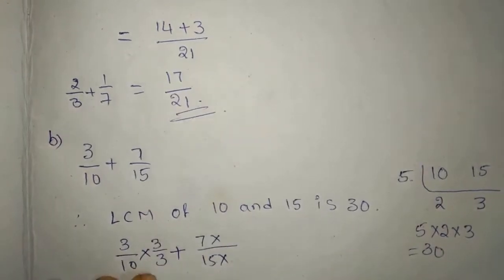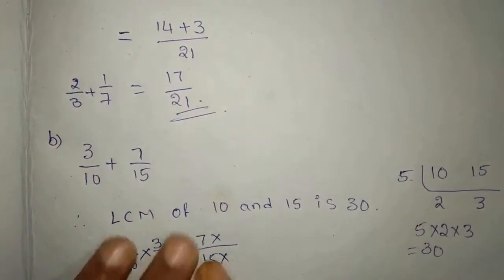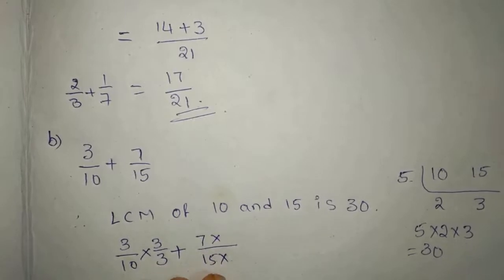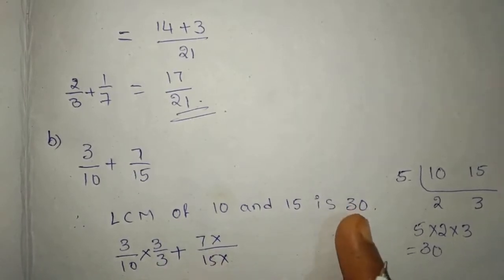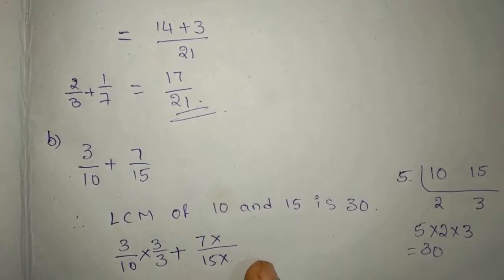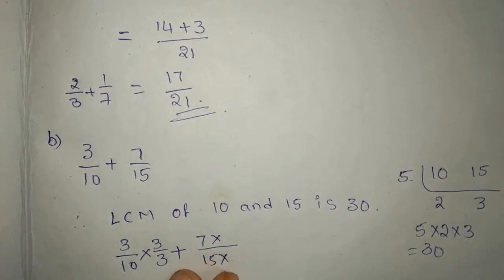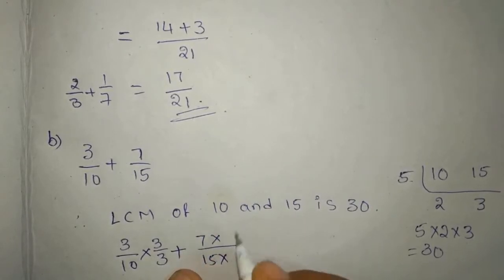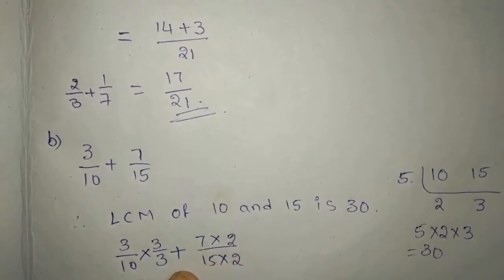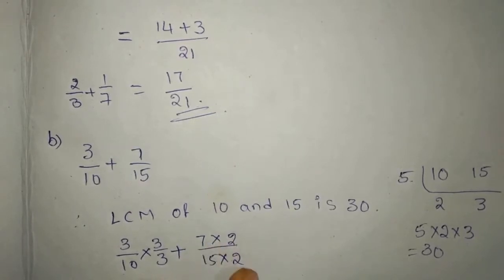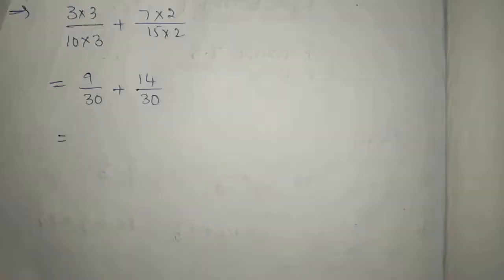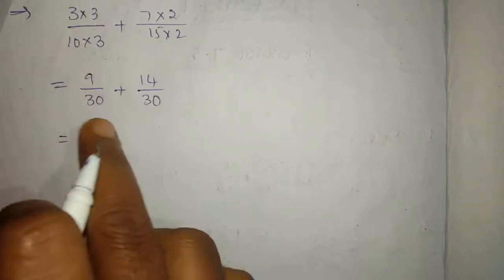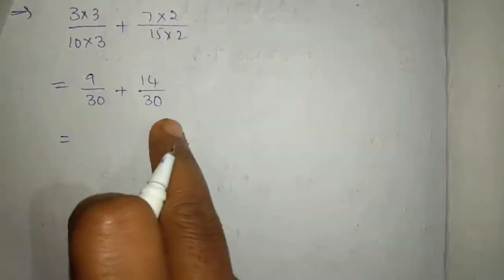3 into 3 by 10 into 3, plus 7 by 15. Here 15 how many times makes 30? That is 2 times. So we multiply both numerator and denominator by 2: 7 into 2 by 15 into 2. 3 3s are 9, 10 3s are 30, 7 2s are 14, 15 2s are 30.